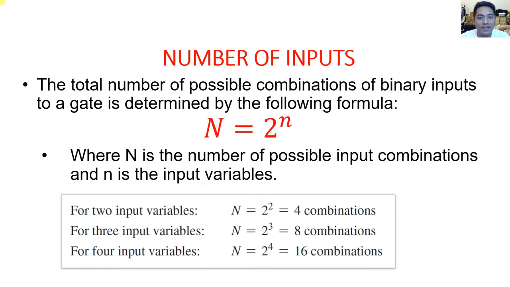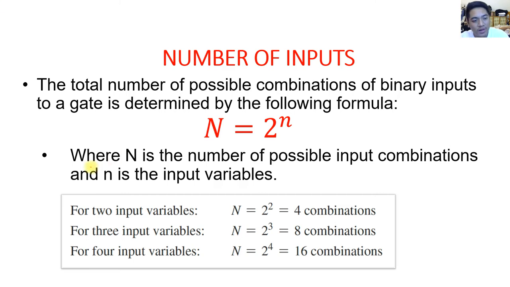Alright? And just like what I've said, the total number of possible combinations of binary inputs to a gate is determined by the following formula, where n is the number of inputs or input variables, and the number of possible input combinations equals 2 raised to n.